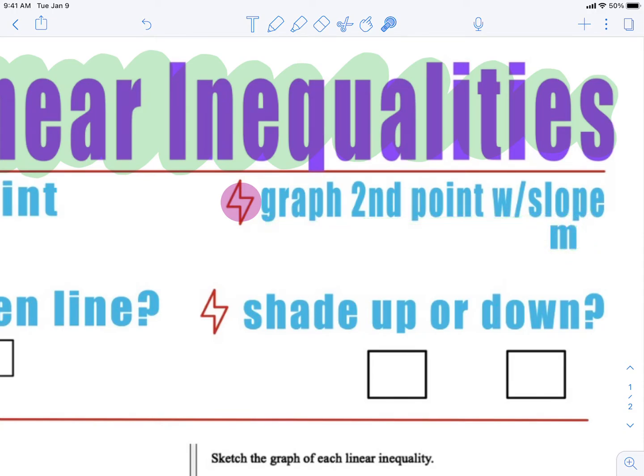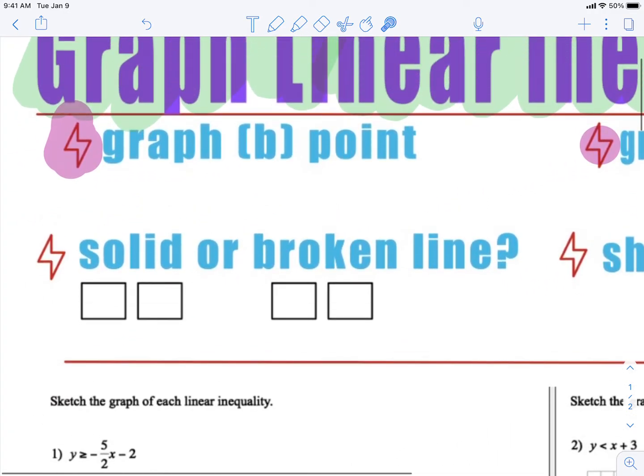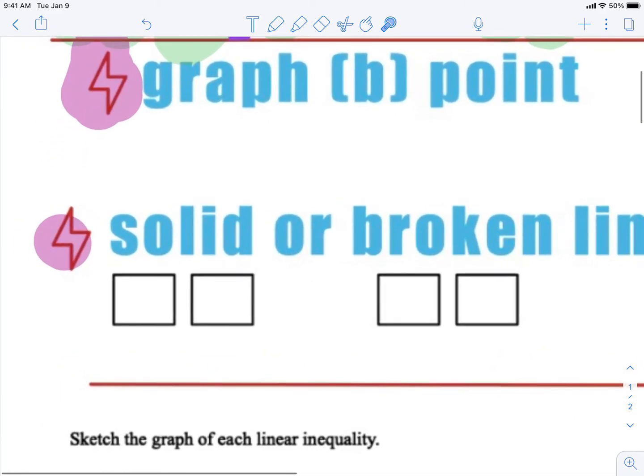Slope is m. Third lightning bolt here says solid or broken line. We have to figure out whether the line is going to be a solid or a broken line. And that's relatively easy.